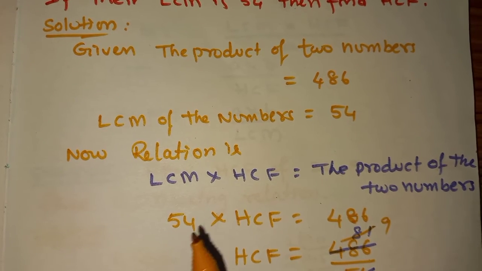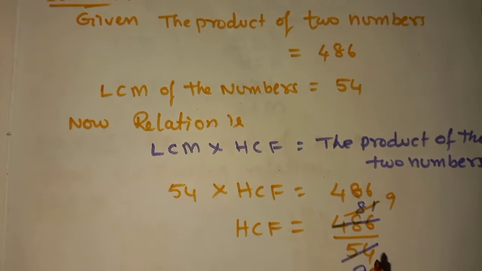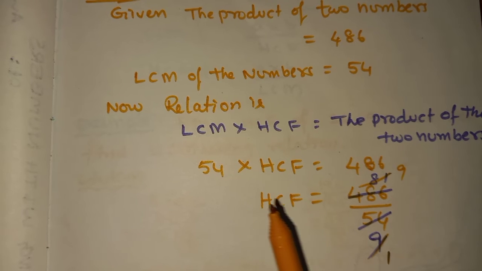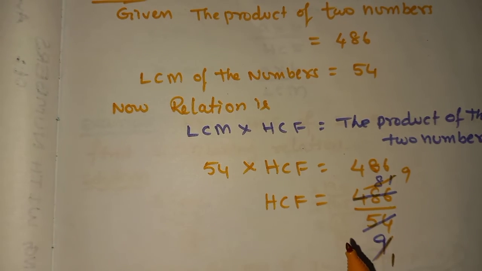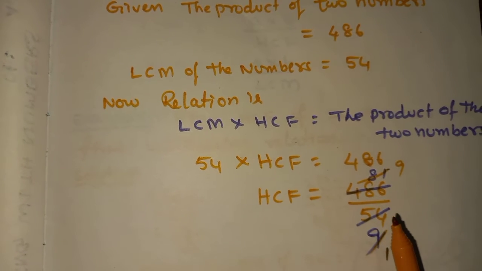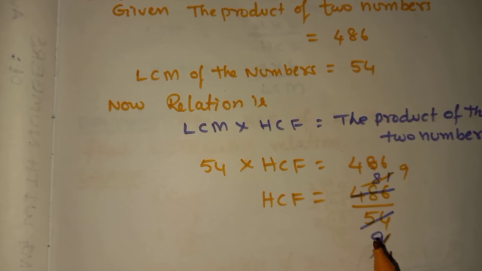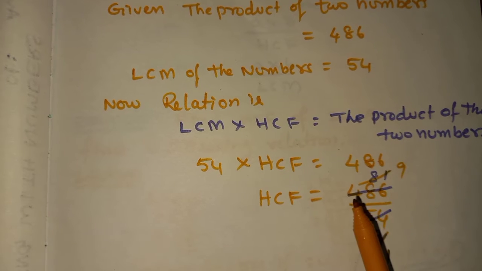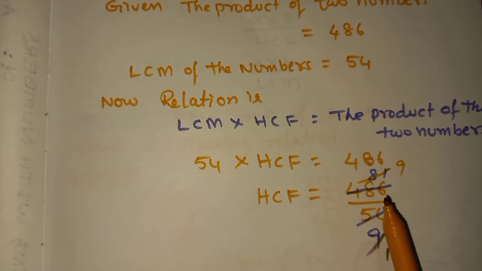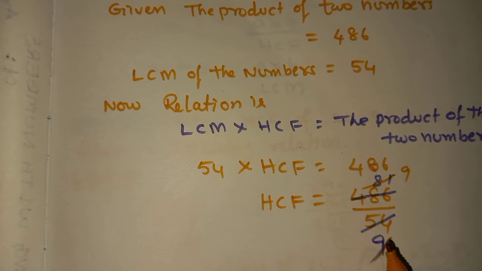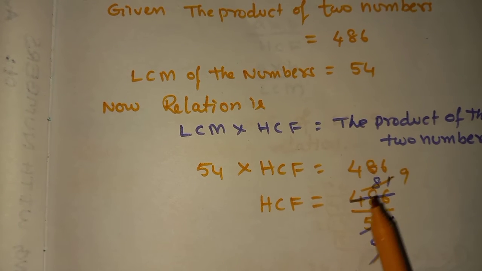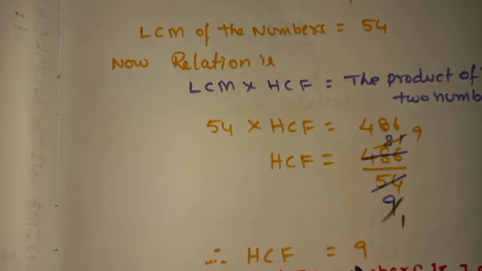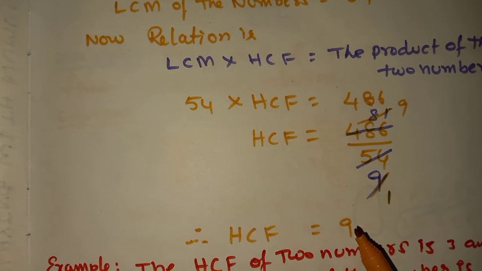By transposing 54 to the right hand side, it goes to the denominator. Now 6 nines are 54, 6 eights are 48, and 6 ones are 6. Again it cancels: 9 ones are 9, 9 nines are 81. Therefore HCF is equal to 9.